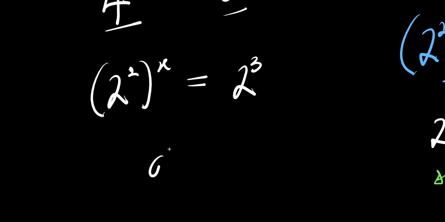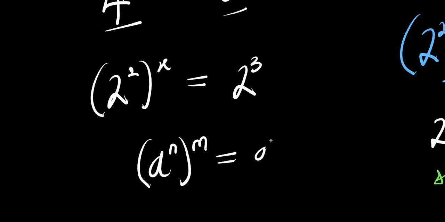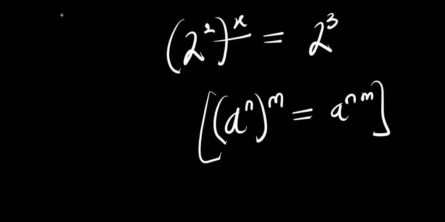Now remember, a power n raised to the power of m equals a power n times m, so multiply this exponent. I will have 2 power 2x equals 2 power 3.